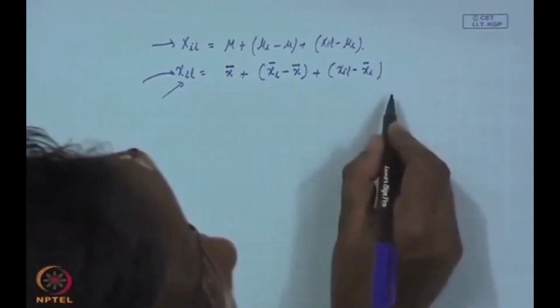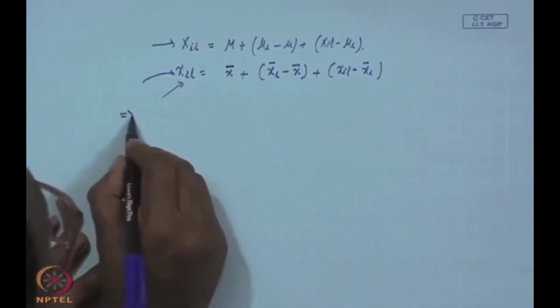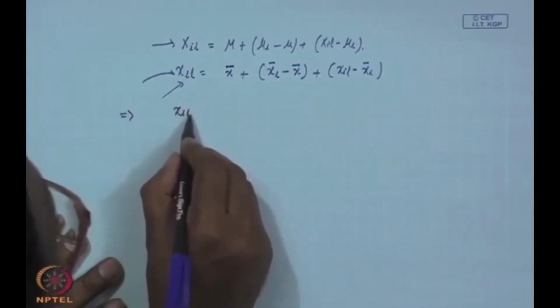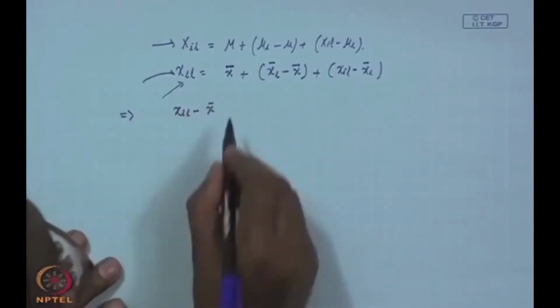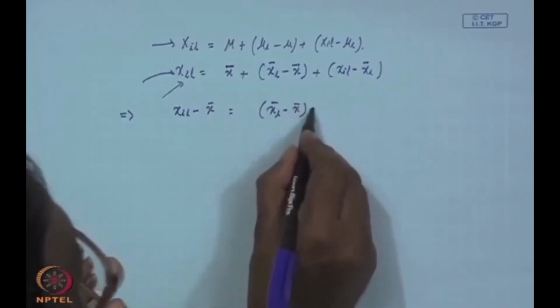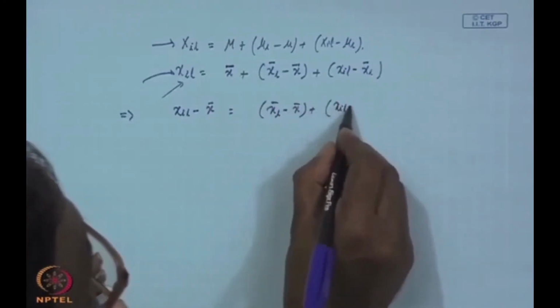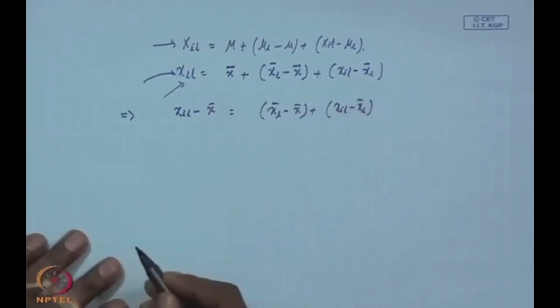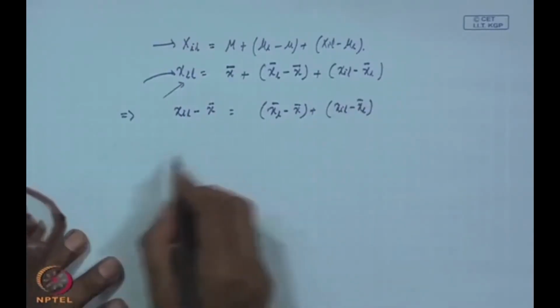Now, you do a little manipulation. XIL minus X bar equals XL bar minus X bar plus XIL minus XL bar. Square the term.